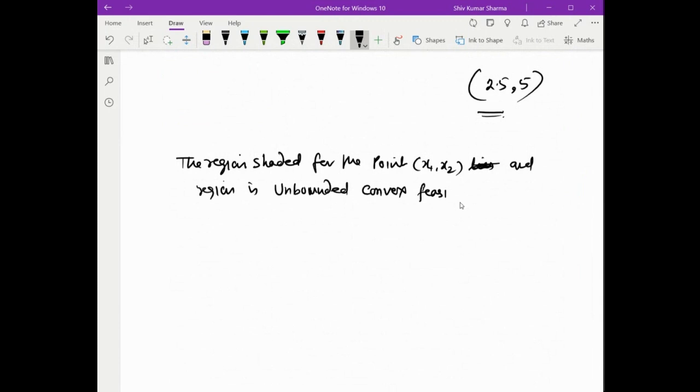Convex. So we define also convex and concave, a curve upward or downward. So convex feasible region.